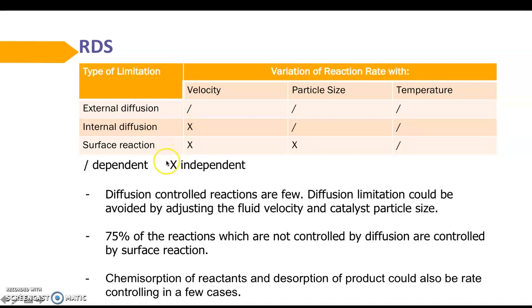These are the parameters that can increase or decrease your reaction rate: velocity V, particle size D, and temperature T. If the RDS is due to external diffusion, you can increase the reaction rate by having higher velocity.